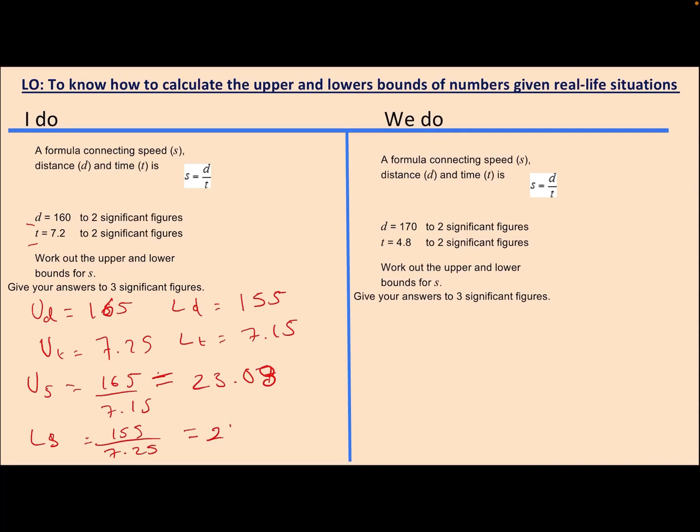What we end up getting is 21.38 to 2 decimal places, but the question asks us for 3 significant figures, so this is actually going to be 21.4. Alright, so I want you to try the we do.